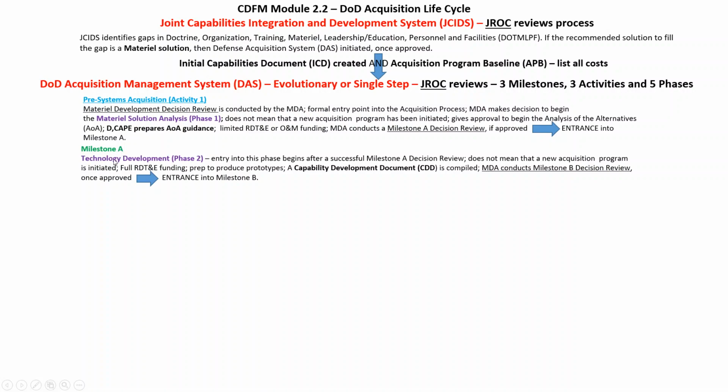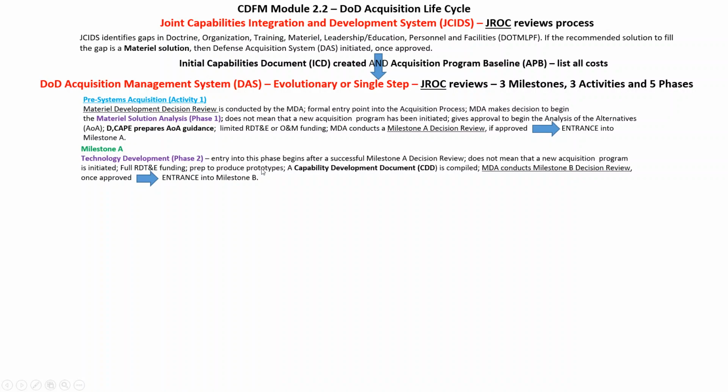The second phase is technology development. Entry into this phase begins after a successful Milestone A decision review. Again, technology development does not mean that a new acquisition program is initiated. We get full research, development, test and evaluation funding, RDT&E. We prepare to produce prototypes.